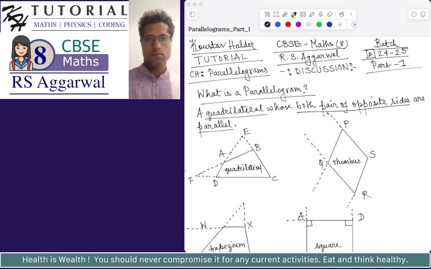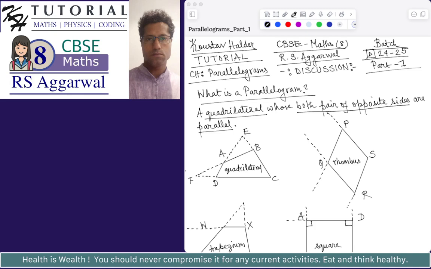A quadrilateral can also be concave or convex, but mostly we will deal with convex quadrilaterals, that is, a convex polygon having 4 sides. Okay, so a parallelogram is a quadrilateral whose both pairs of opposite sides are parallel.